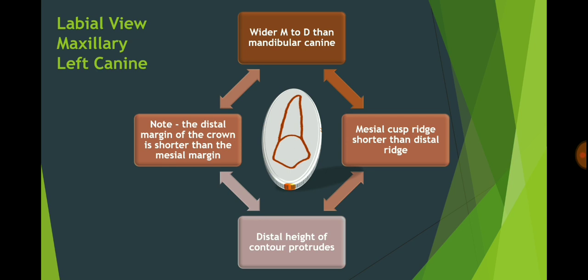So the mesial cusp ridge of the maxillary canine is shorter than the distal cusp ridge. We just reviewed that. And the distal height of contour protrudes because it is more prominent.